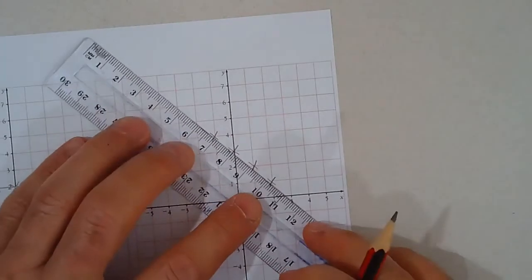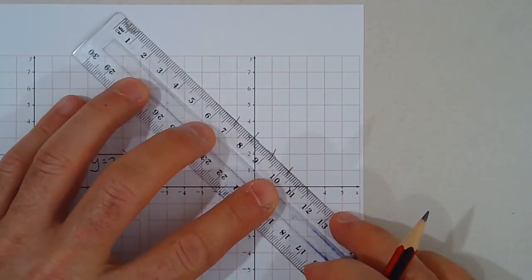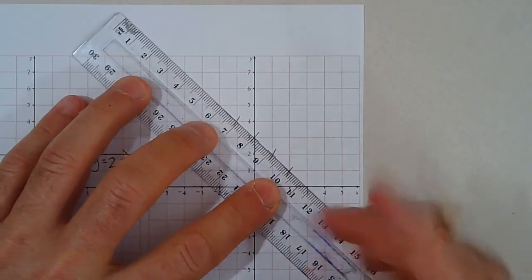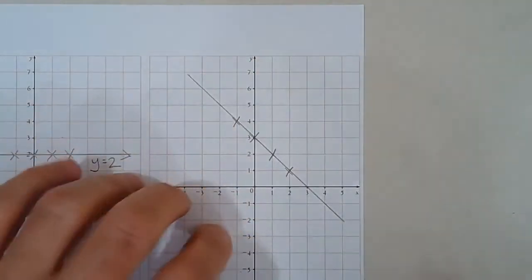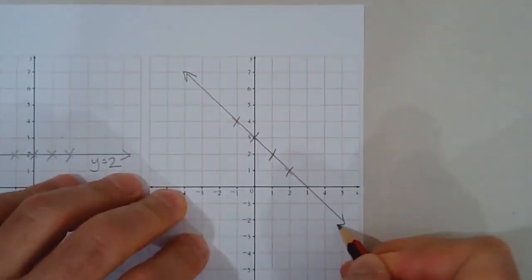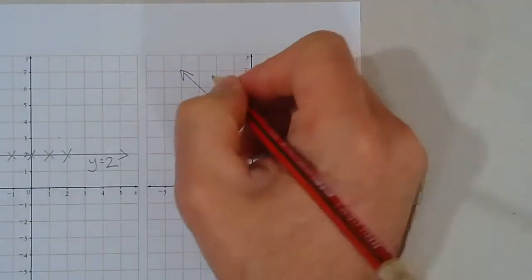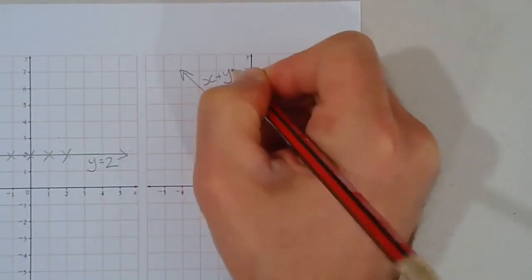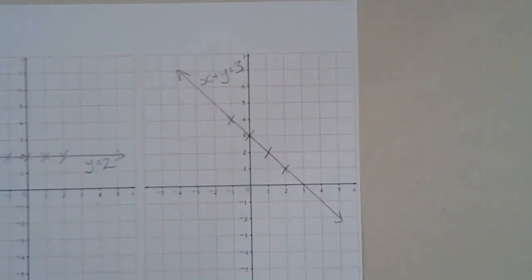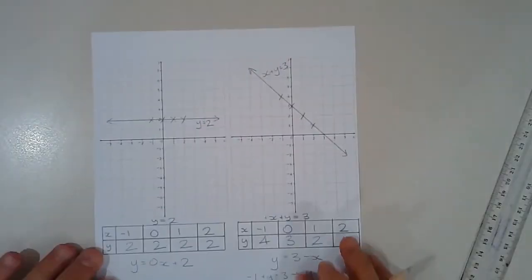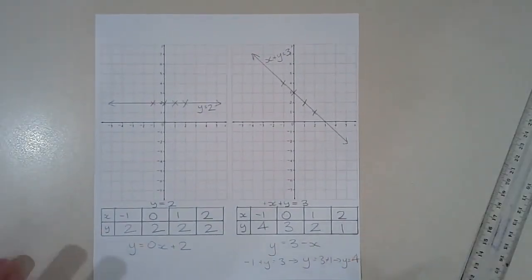All right. Let's draw a line that goes through those points. Okay, and we can write down the original equation, which is x plus y is equal to 3. Happy with that? All right, last one.